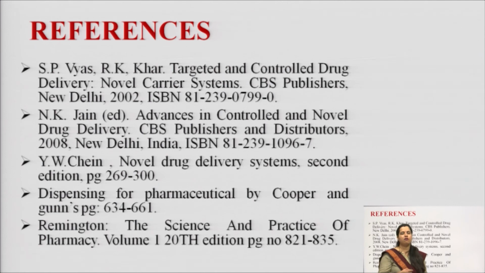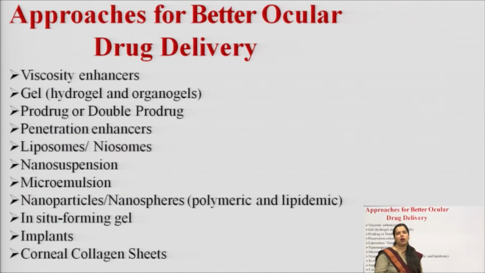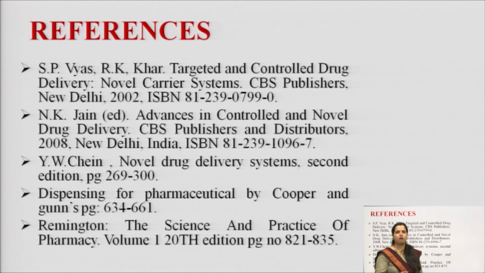So, these are different approaches we can use to enhance drug effectiveness within the eye region. These are the references from which I have taken this data, and I wish that you have a basic understanding of making all these ocular drug delivery systems.